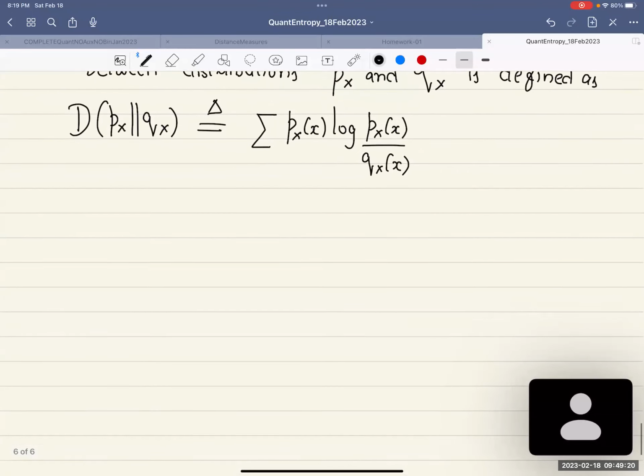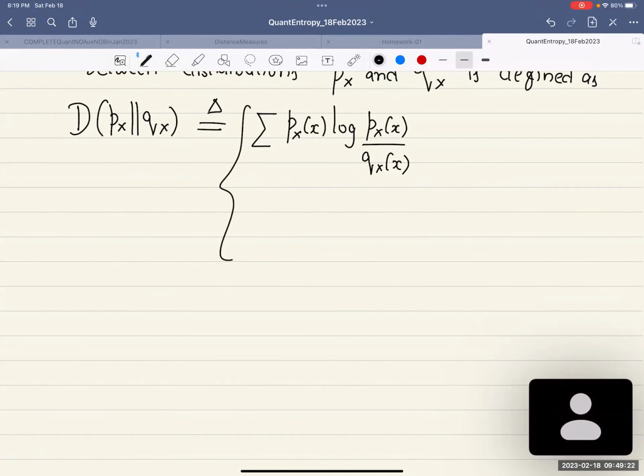I should state this: if px of x is absolutely continuous with respect to qx of x. That is, whenever qx of x is 0, px of x also should be 0. Otherwise, infinity.